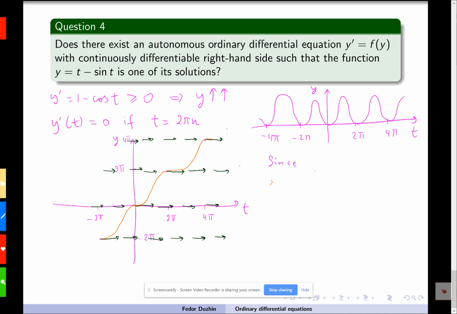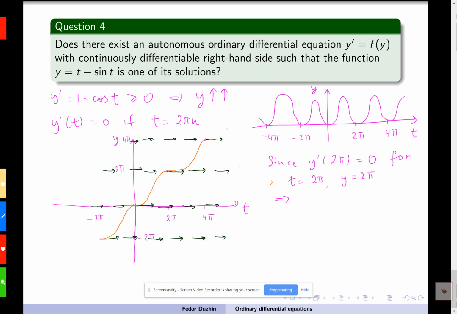So since y prime of 2 pi is 0, it means that the right-hand side f is zero there: for t equals 2 pi and y equals 2 pi, y prime is 0.